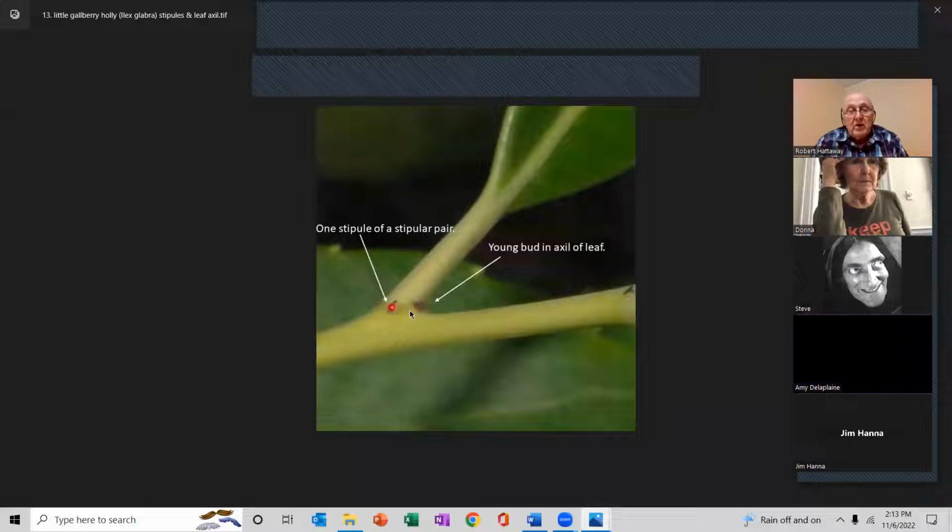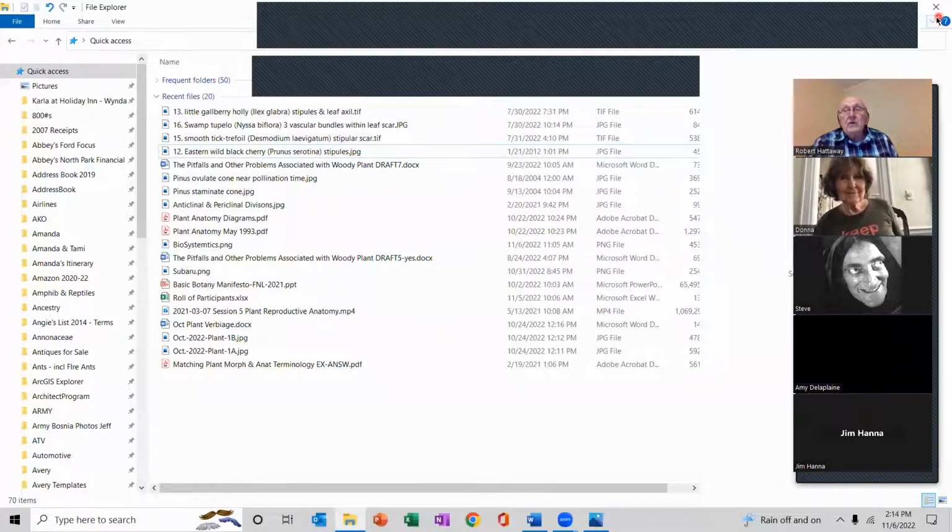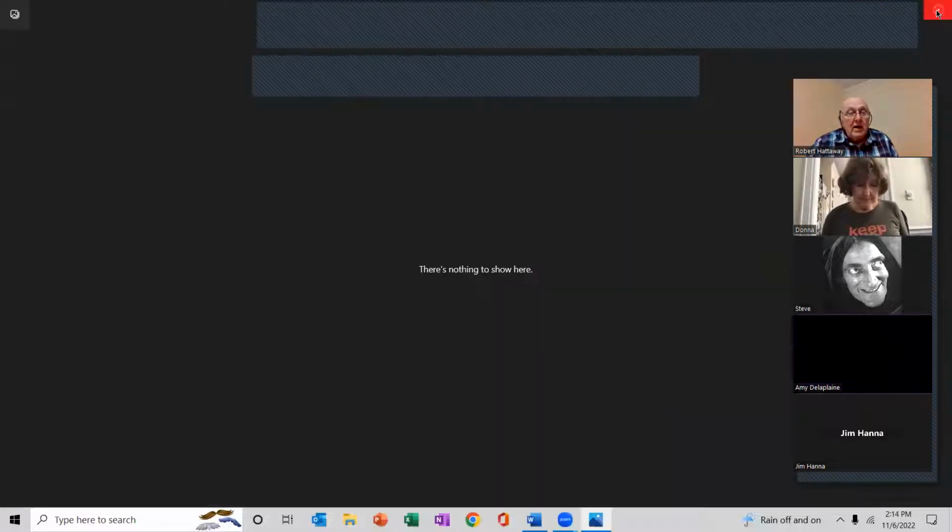And so having stipules is an exception. So holly is an exception and Nyssa is an exception to the rule. Normally when you have 1 bundle scar, you have no stipules. Normally when you have 3 bundle scars in the leaf scar, you have a pair of stipules. And that goes back to some research as early as 1914. So anyway, I wanted to point that out.